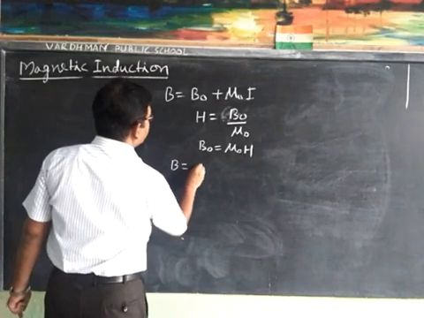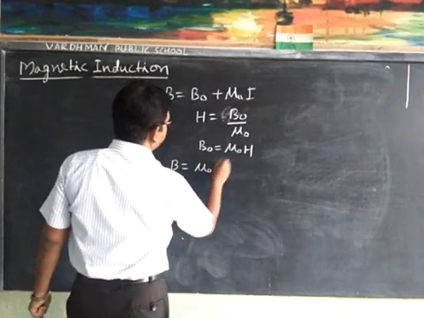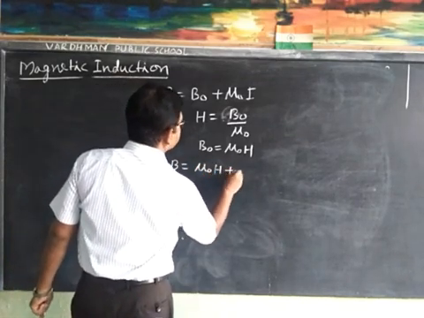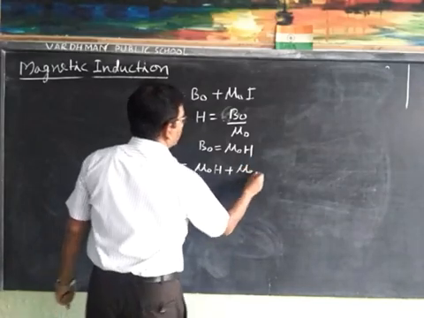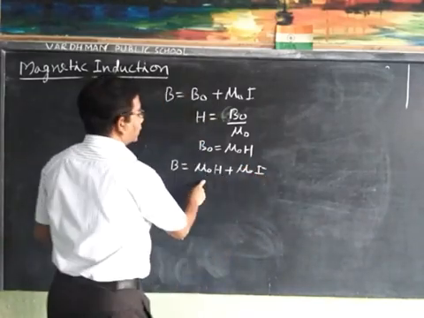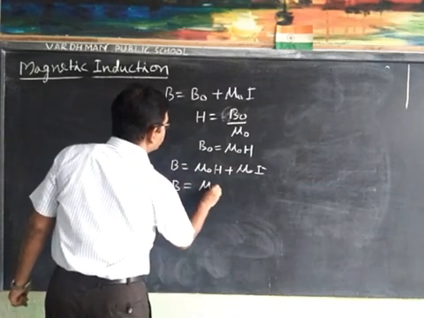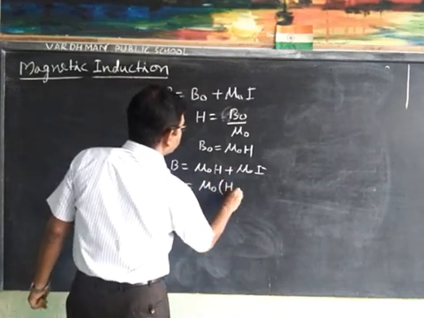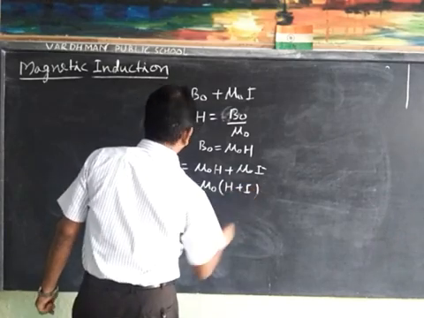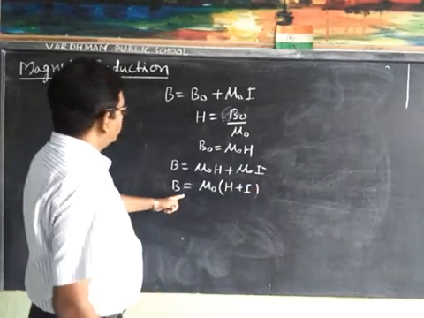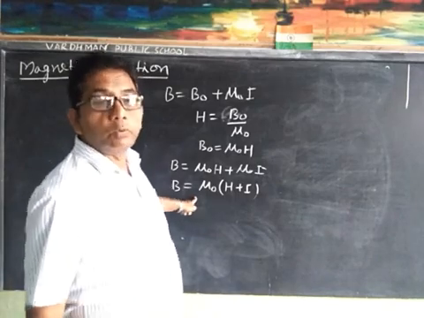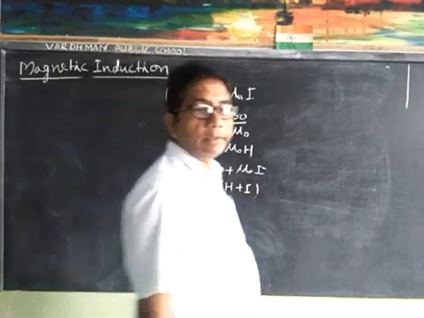B is equal to mu0 H plus mu0 I. B equals mu0 times H plus I.